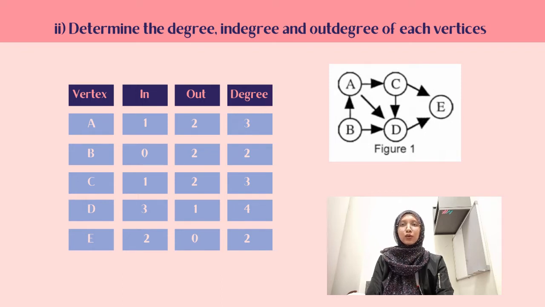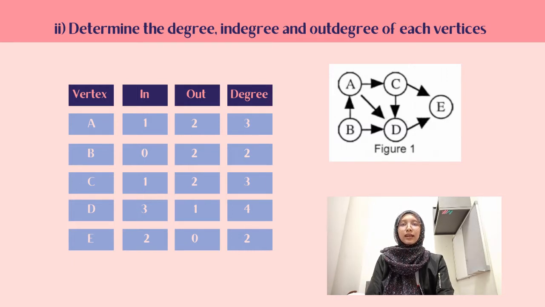So let's take a look at the in degree column. In degree is what we receive from another vertex. Vertex A receives only one, so we put 1 for vertex A. For vertex B, it receives nothing from another vertex, so we put 0.